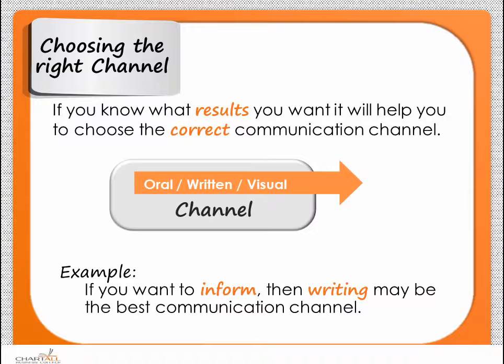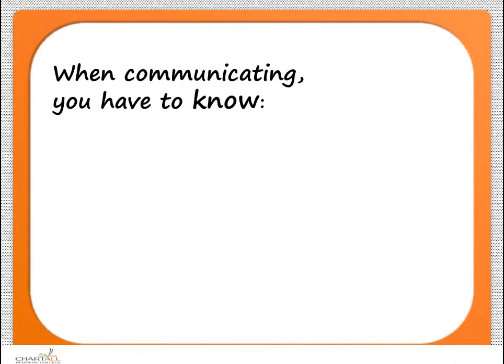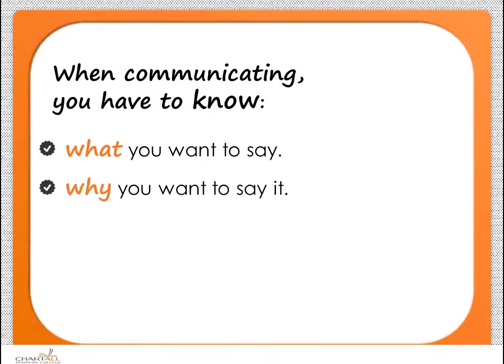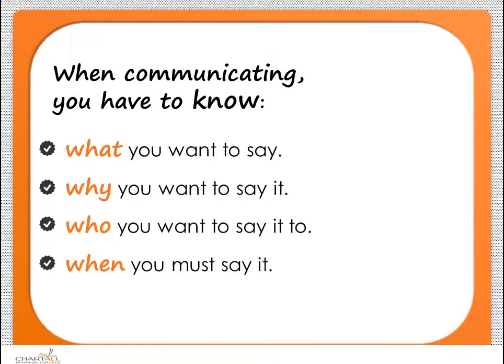If you wanted to receive an opinion, in which case you may communicate orally to be able to get an instant response. Evaluate alternatives. Then you might want a combination of written and oral communication, and that might be the appropriate channel. Once you know what you want to say, why you want to say it, who you want to say it to, when you must say it, then you're able to make an informed choice.